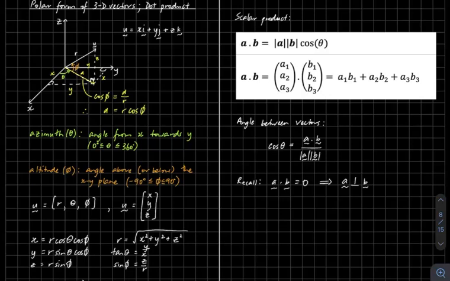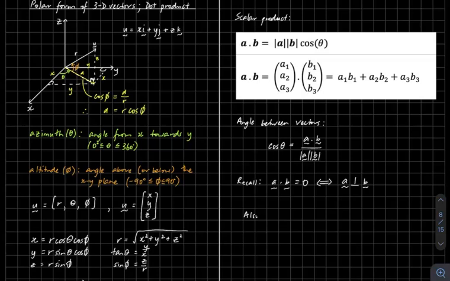Because, assuming A and B are non-zero vectors, the only way that this result could be equal to 0 is if cos theta is 0, and that would mean that theta is 90 or 270, so they are at right angles to each other. We can draw a double-headed arrow on this, an implication both ways. If they are perpendicular, then it follows that their dot product must be 0. I can't stress enough how important that result is. It's come up probably on pretty much every external exam in some way.